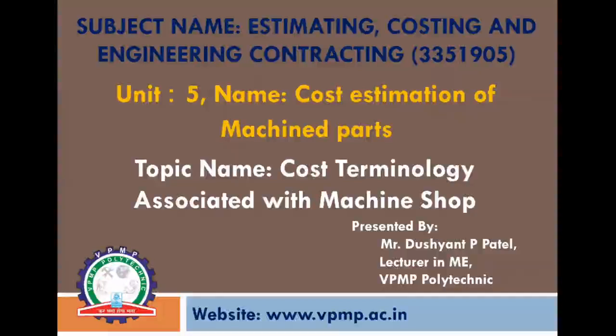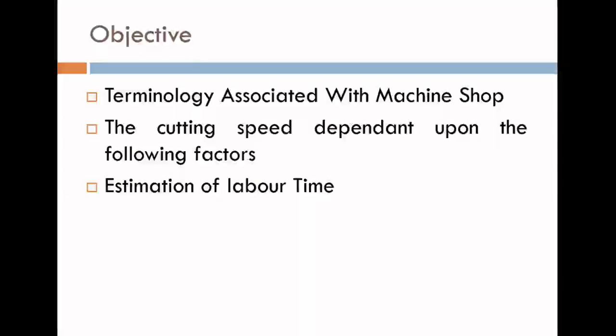Today's topic is cost terminology associated with the machine shop. Objectives of today's lecture: first, terminology associated with the machine shop. Second, the cutting speed is dependent on which factors.